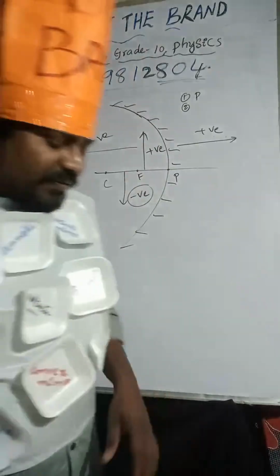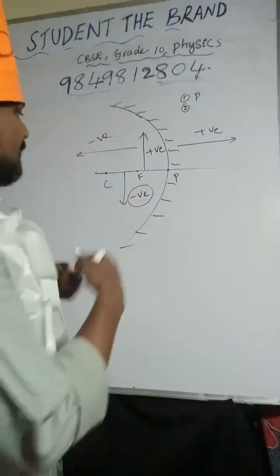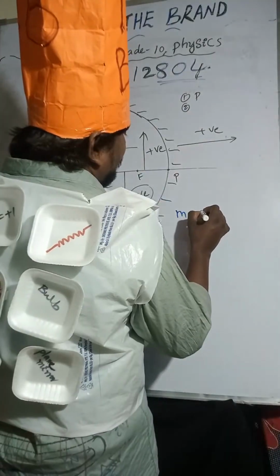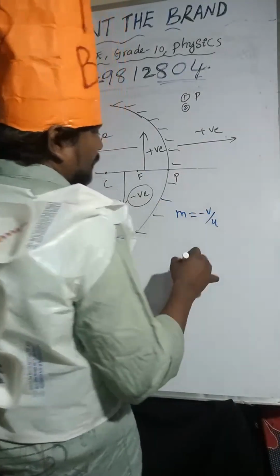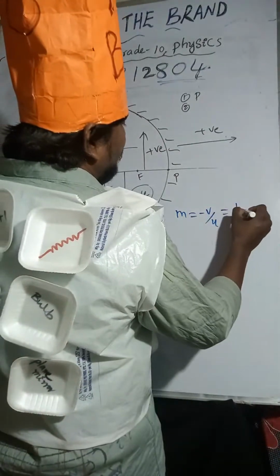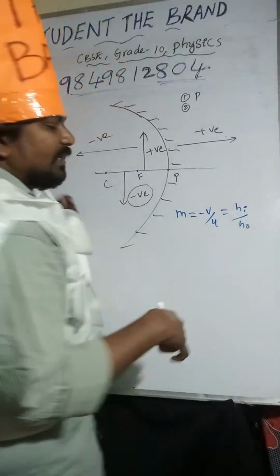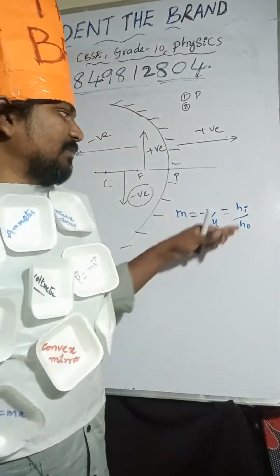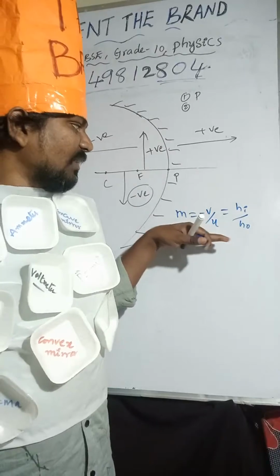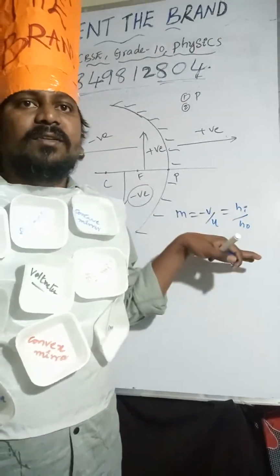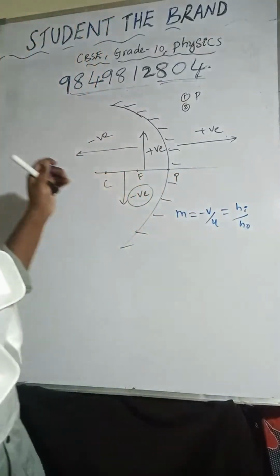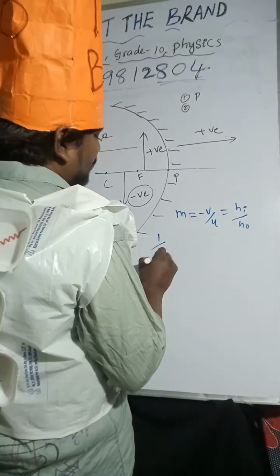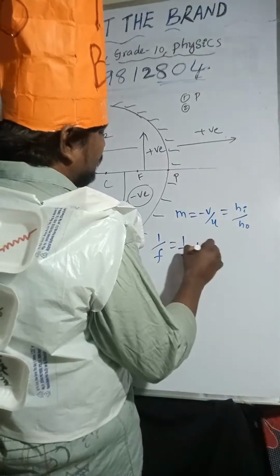Okay. So coming to the magnification, m equal to minus v by u, or we can take height of the image by height of the object. The ratio of size of the image to size of the object. M equal to minus v by u, that is nothing but mirror magnification. And coming to the mirror formula, 1 by f equal to 1 by v plus 1 by u.